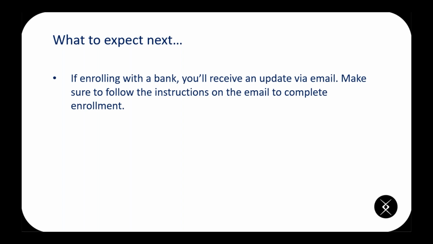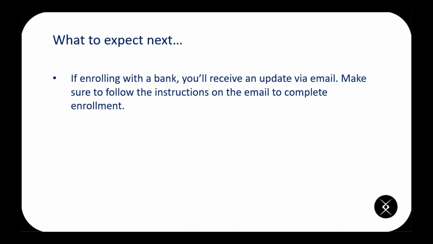One of the first things, after enrolling with the bank, you'll receive an update via email from the bank, and you want to make sure to follow the instructions on that email to complete the enrollment. In the case of Santa Barbara, as an example, once you enroll with the bank, you typically get an email very quickly, in less than 5 minutes, notifying that you're approved.